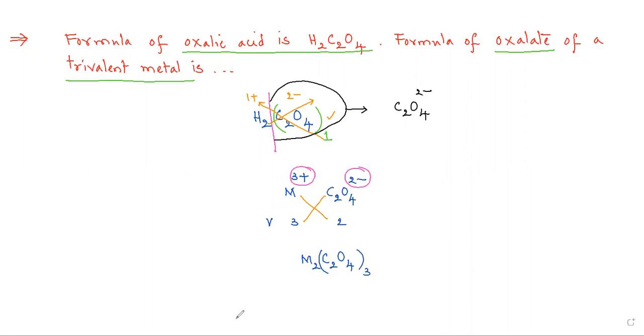M2(C2O4) taken thrice is the formula of the oxalate of the trivalent metal. Got it? So this way, you have to solve questions on formulae. If you are familiar with the formulae of the radicals, I think you can easily solve such questions.